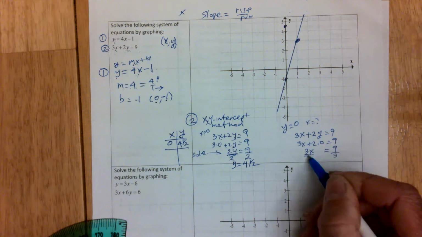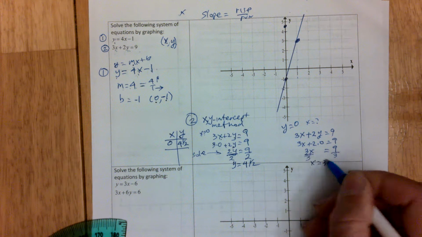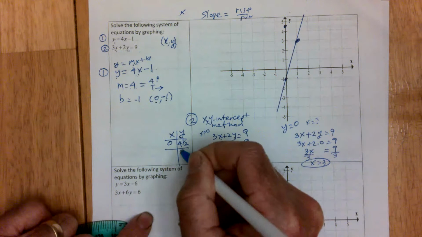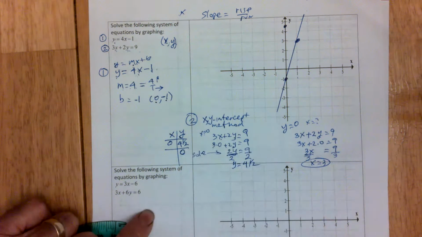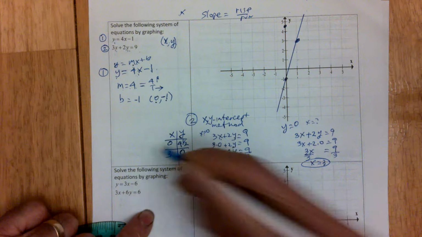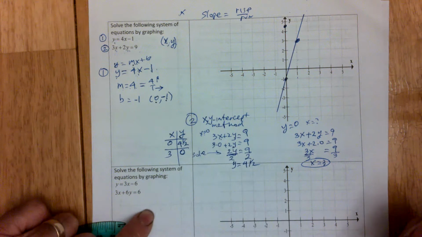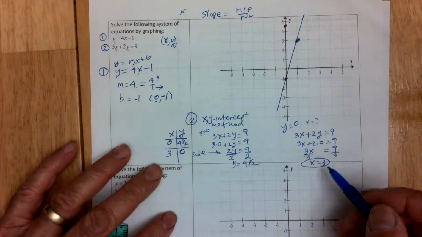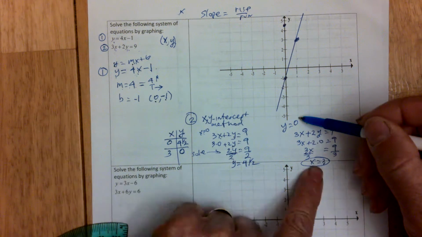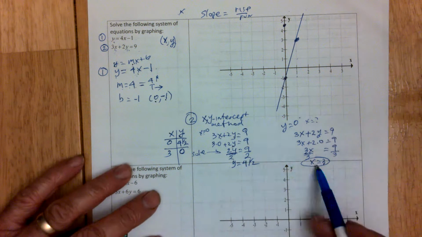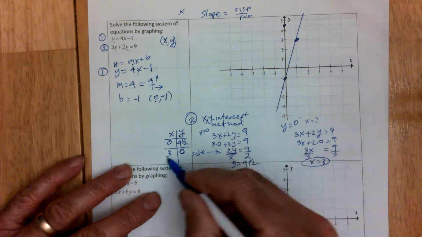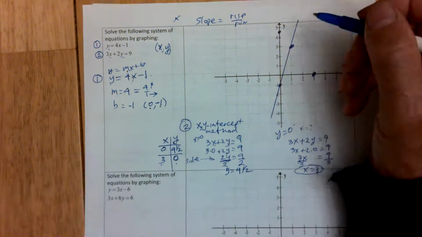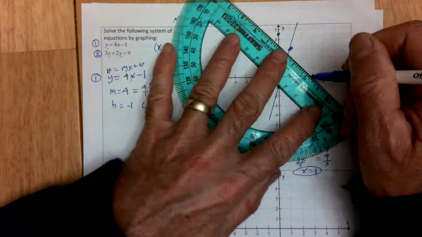Divide both sides by 3, and we have x equals 3. So here we chose y to be equal to 0, found x, and there it is. I'm sorry, 3 equals x. When y is 0, x is 3. Now we've got 2 points, (3, 0) and (0, 4.5).